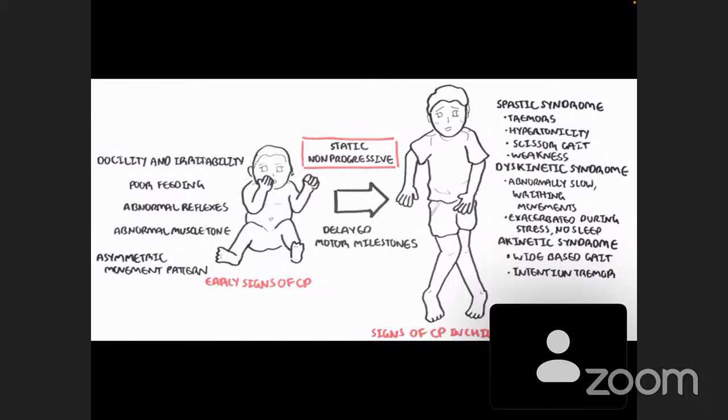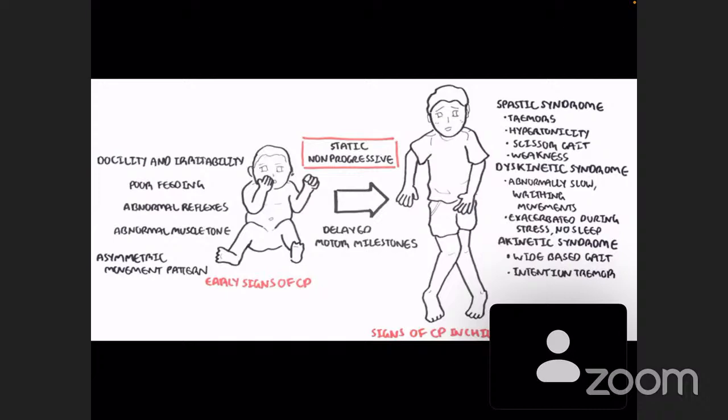Another thing is that in CP the motor cortical area is affected, and this motor cortical area is also involved in coordination. When motor coordination is not occurring, the muscles will not coordinate among themselves. As a result, the child may have this feeding difficulty. This is more common in quadriplegia rather than diplegia, right?